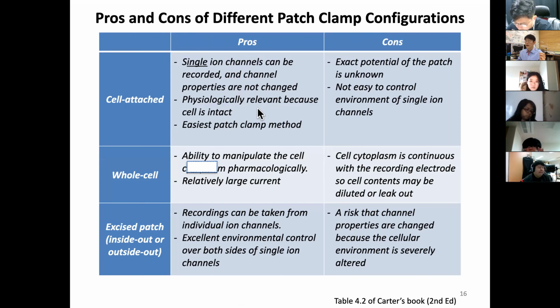And that's physiologically relevant because you didn't kill the cell, you didn't perturb the cell much. And this is one of the easiest patch clamp methods. Okay, what are the limits of cell attached? Exact membrane potential is unknown, and it's difficult to control the environment of single ion channels, as you see, because you attach to the cell with a glass pipette.